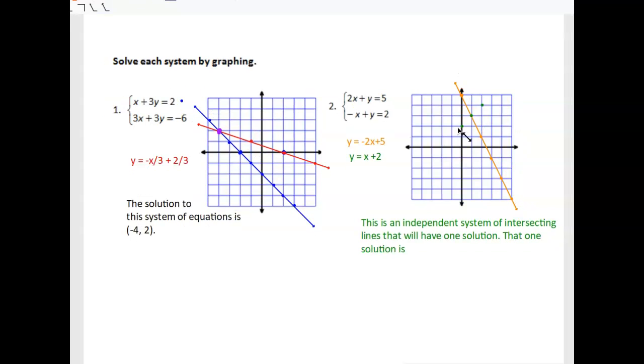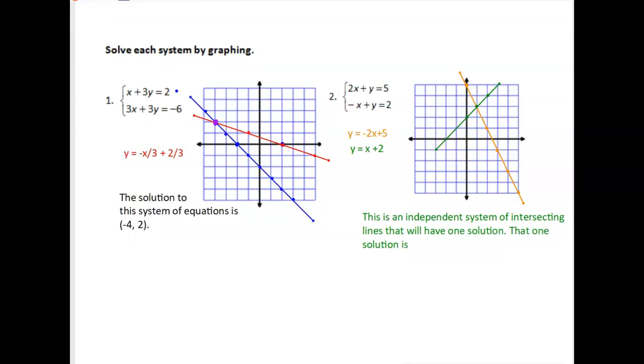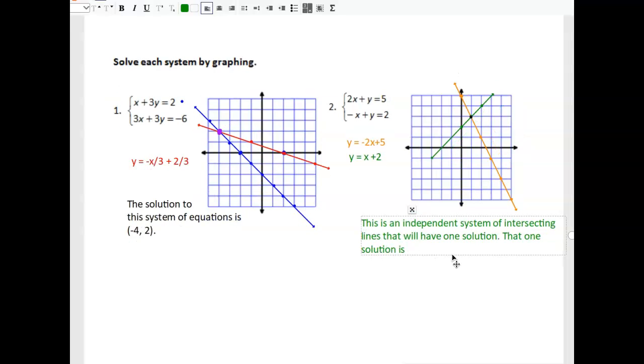And our two lines do in fact intersect. And they intersect right here at this point, 1, 3. So that one solution is, in this case, 1, 3.